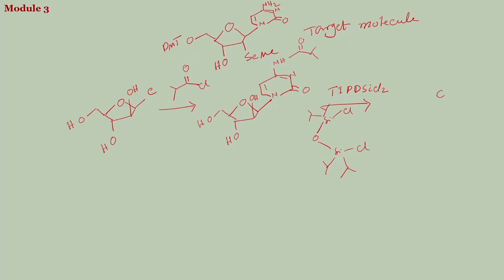So, if you do that, then what you get is, I am writing this as C prime because this will be all along there, the protection. This is not going to react because mostly 1,3 will react, Si, O, Si, and this.